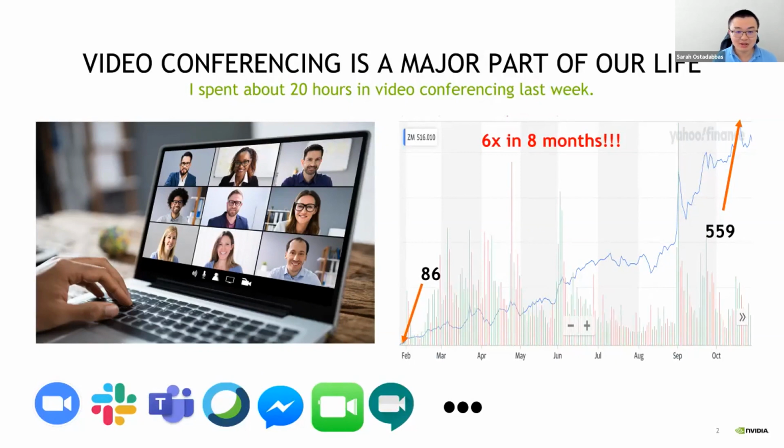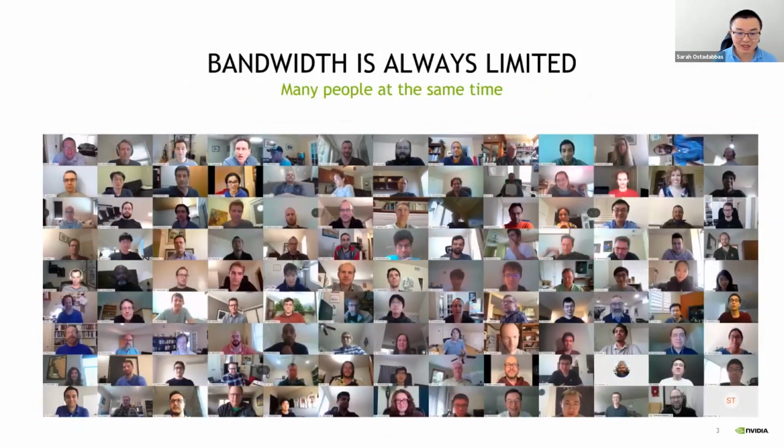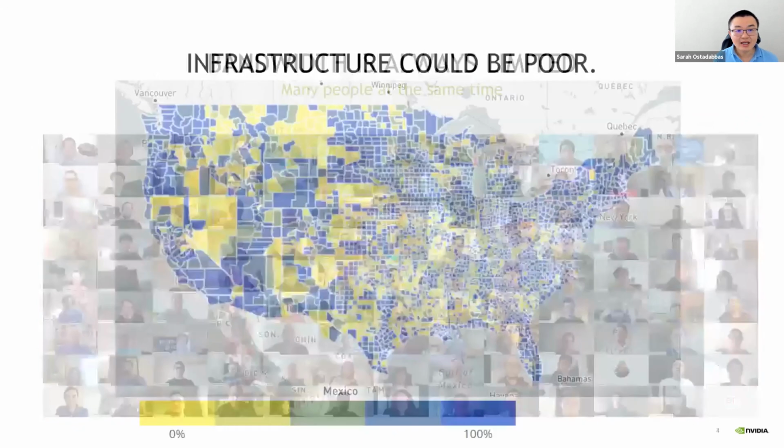Okay, so video conferencing is important. And often we want to have many people join a video conference call. When you have many people and everybody wants to stream their video, bandwidth is an issue. Although broadband has increased its bandwidth, when there is more demand, it's still not enough.